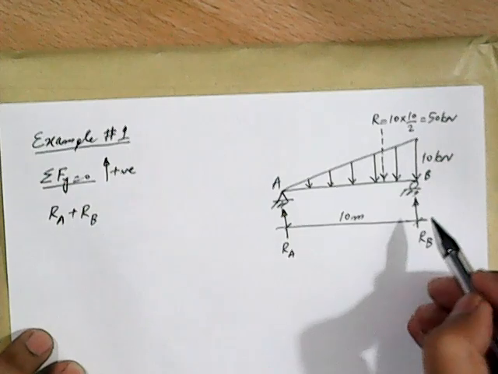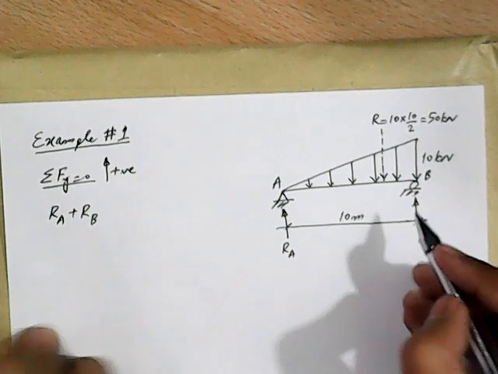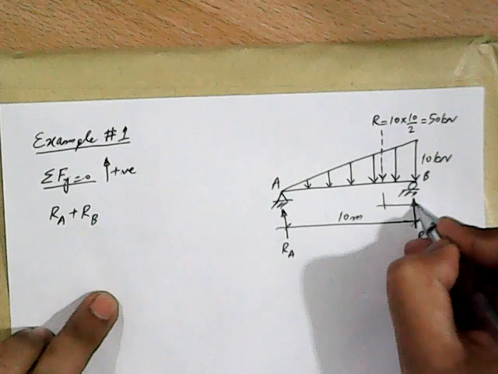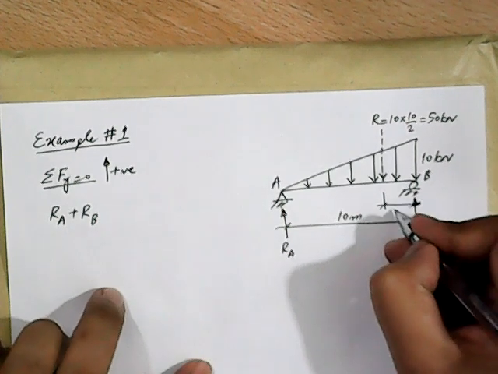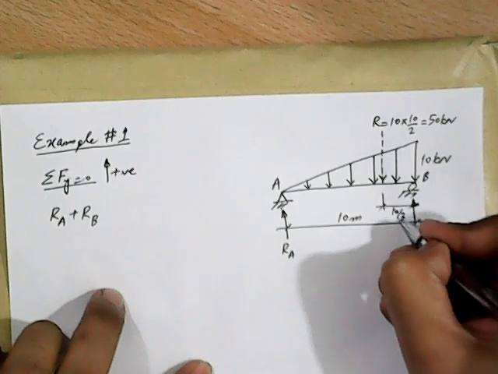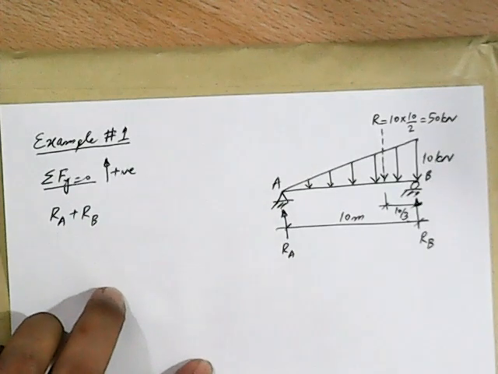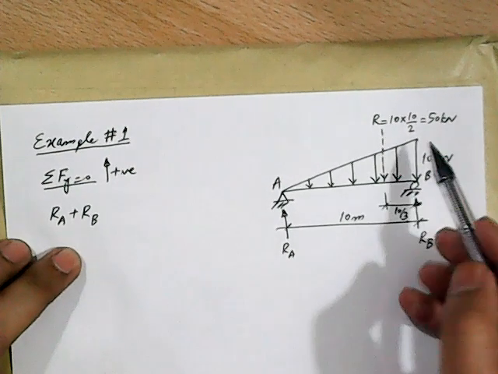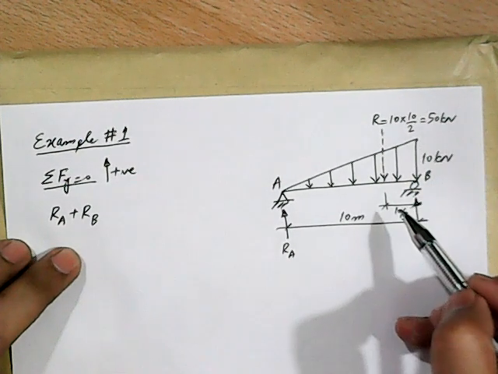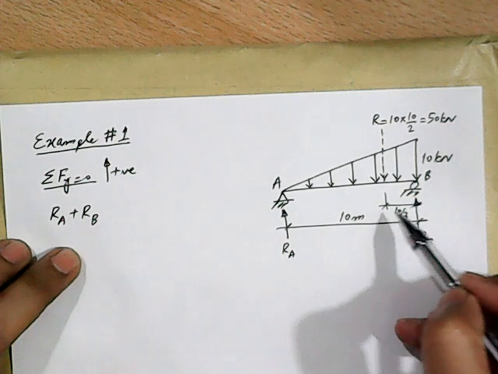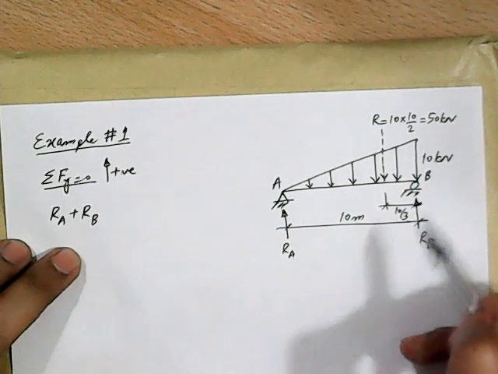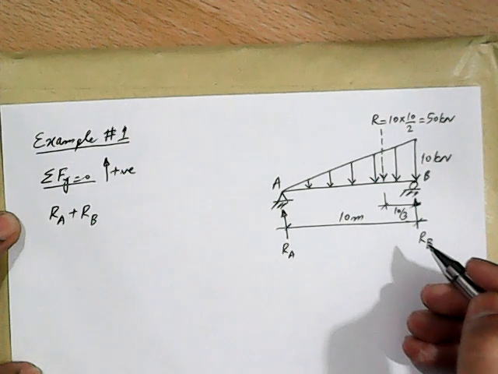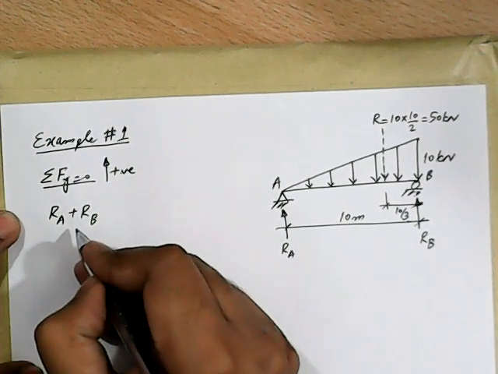So the resultant of this VDL is 50 kilonewton and it will act at a distance of 10 by 3 from point B. Alright, so now let's come back to the equation.